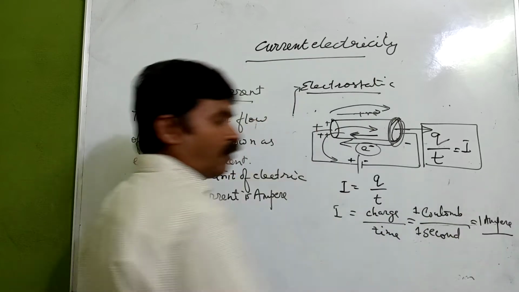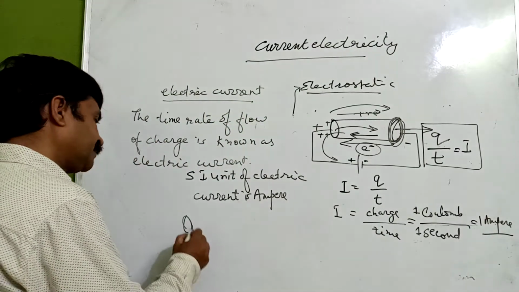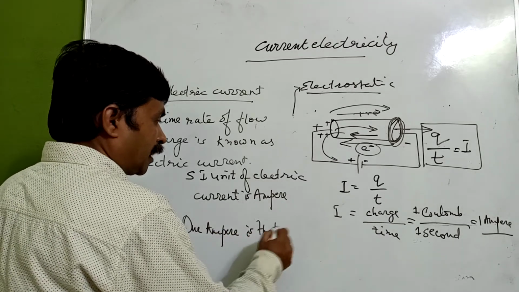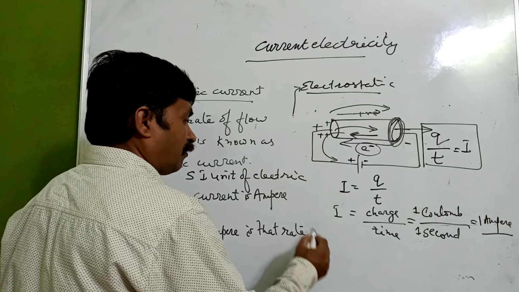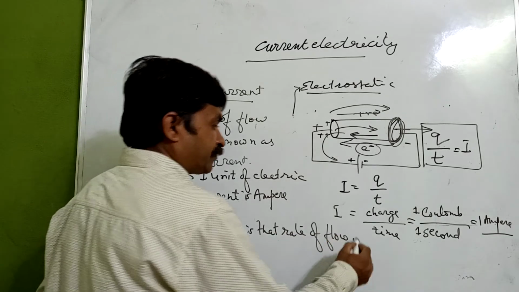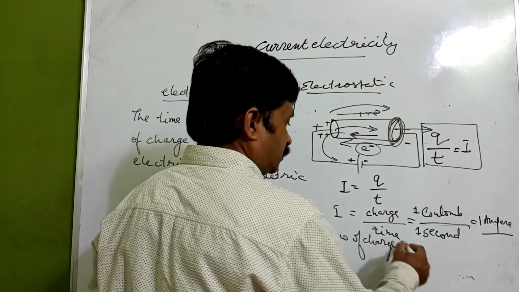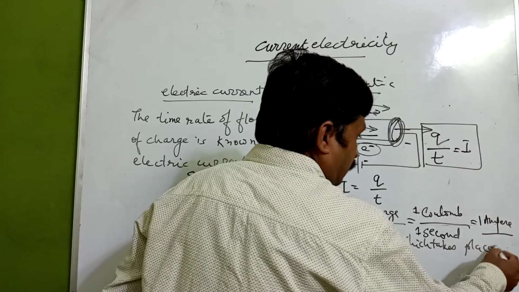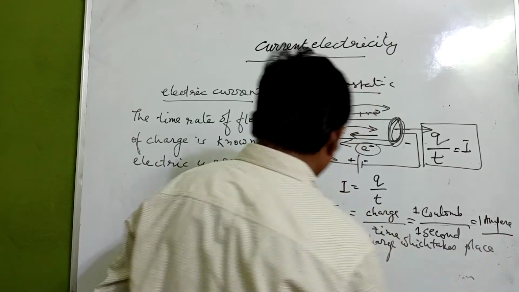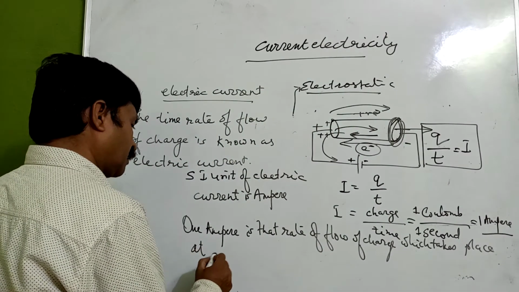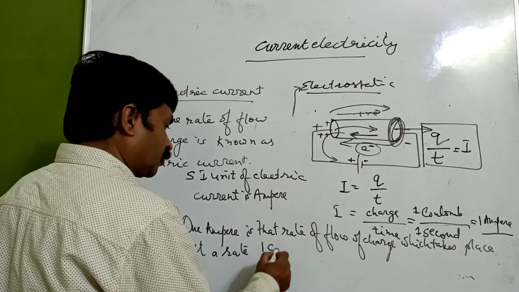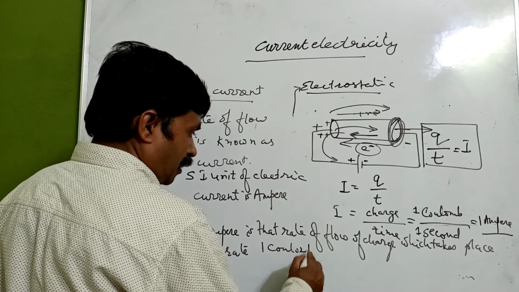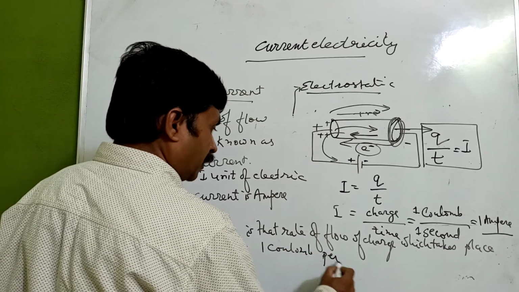So we can say 1 ampere is that rate of flow of charge which takes place at a rate of 1 coulomb per second.